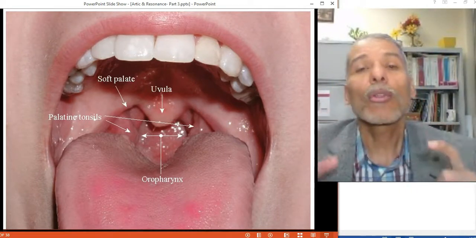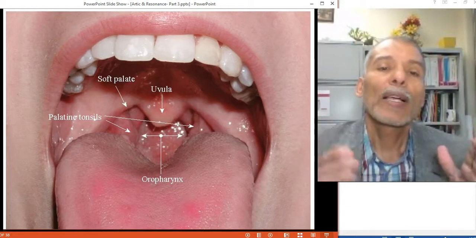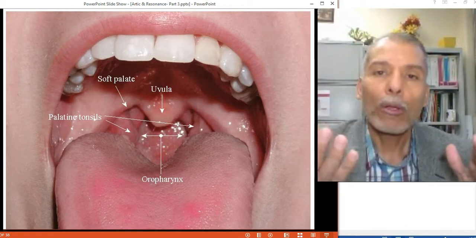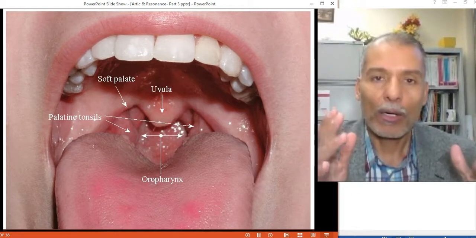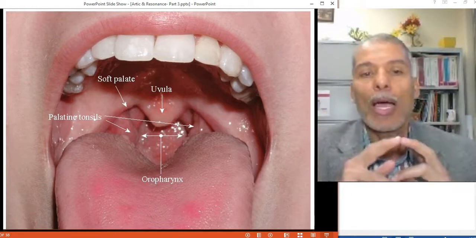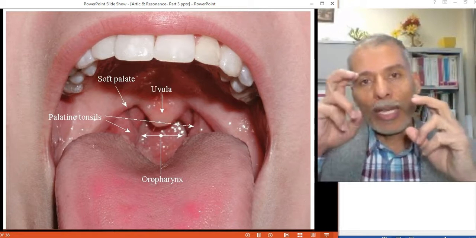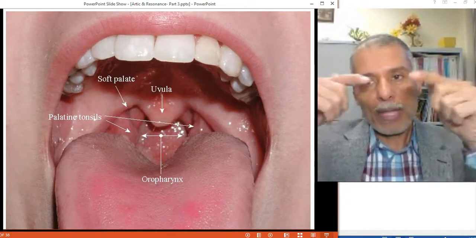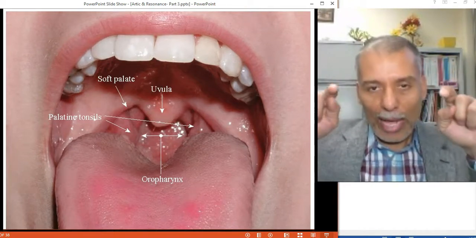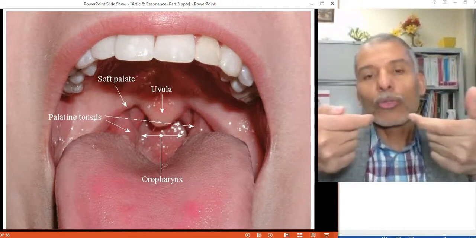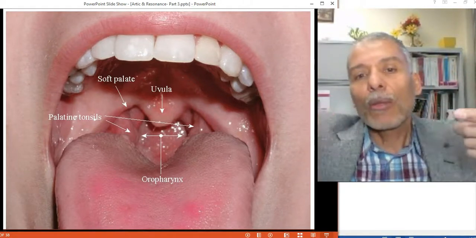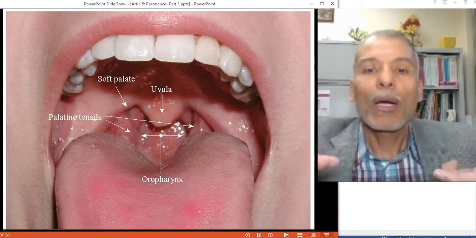So the palatoglossus muscle makes the anterior wall of the fascial pillar. Okay? And again, it originates on the palatal aponeurosis, courses downward, and inserts onto the lateral posterior margins of the tongue.